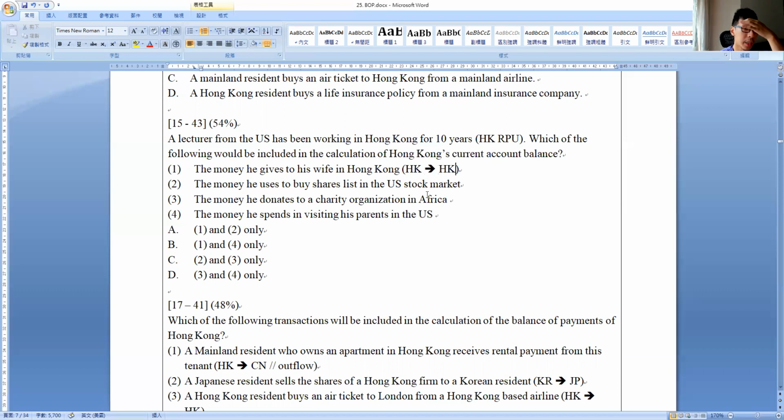Okay. Now 2, the money he used to buy shares listed. So it would be a Hong Kong resident paying to the US, but stock market, right? So it would be KFA. Number 2, not current account. So the answer would be 3 and 4. The money he donates to a charity in Africa. So a Hong Kong person paying money to Africa, and this would be a current transfer item. 係嘛？因為 donation 啊嘛。Finally, money he spends in visiting the US. 係咪啊？Hong Kong to US visiting.